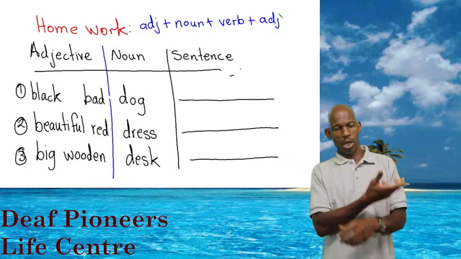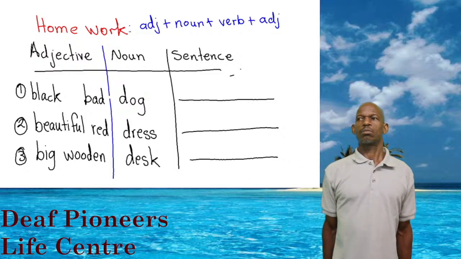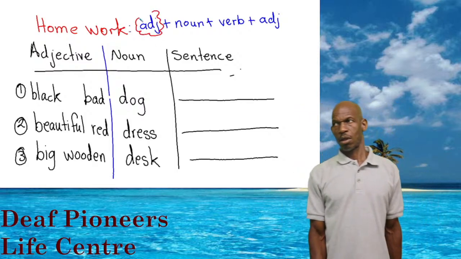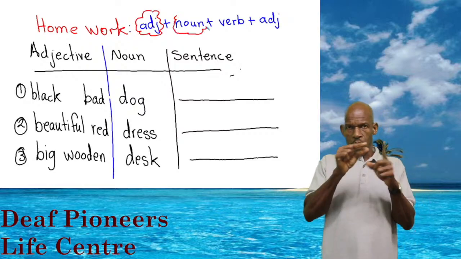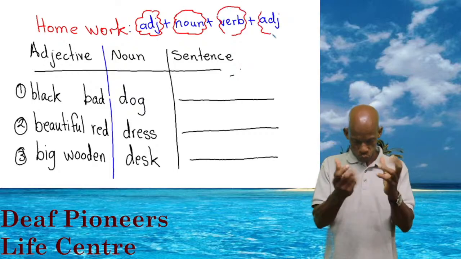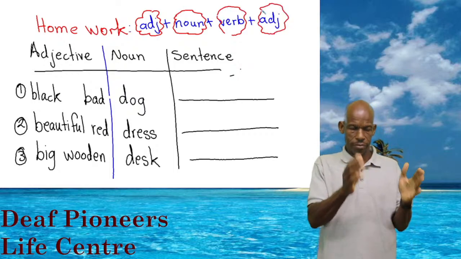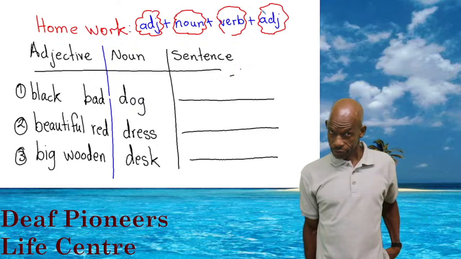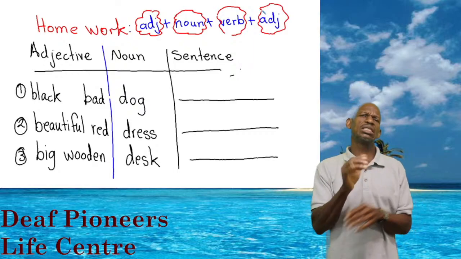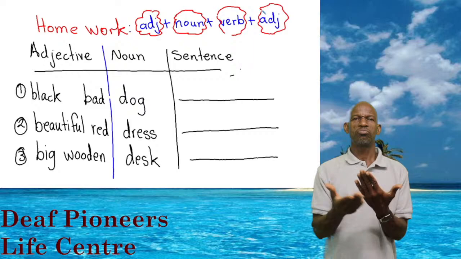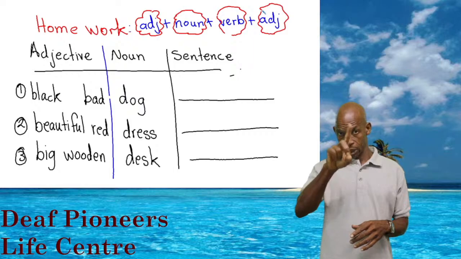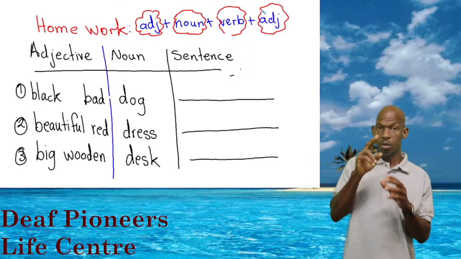This is the order. So adjective, then the noun, then the verb, and finally the adjective. So you're following this order of the words to make your sentences. So that is your practice. So all you have to do is follow what I did to get your sentences. Remember, you're using 2 adjectives in the sentence, right? And look at the order in which way you put in the adjectives, okay?